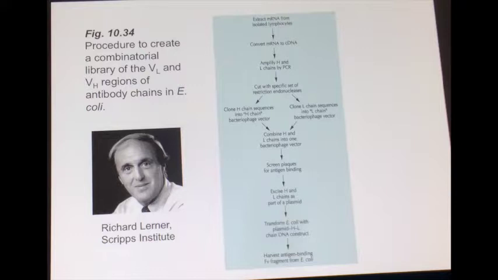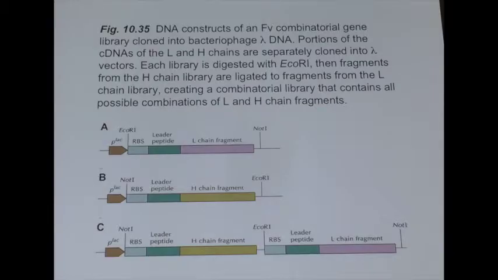They're using vectors, in this case, that are based on bacteriophage lambda, which you may remember infects E. coli. It's been used as a vector for many, many years now, and typically you can clone pieces of DNA of around 20 kilobases.